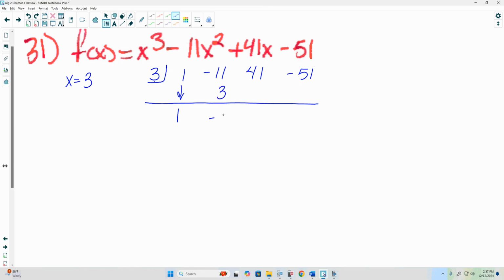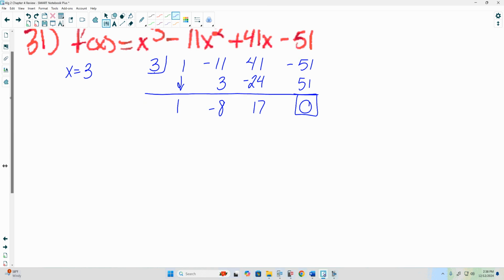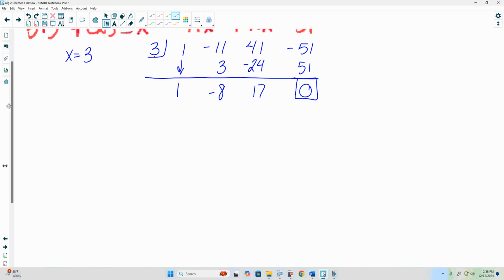Negative 11 plus 3 is negative 8. 3 times negative 8, negative 24. 41 plus negative 24 is 17. 3 times 17 is 51, which does give us a remainder of 0. Now, we don't have another solution, and 3 is not going to work again, unfortunately, because it would give us a remainder of 2.